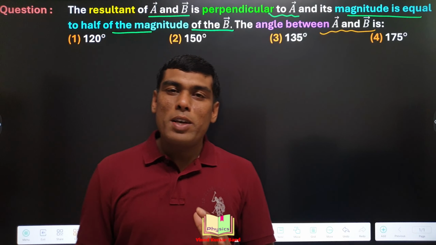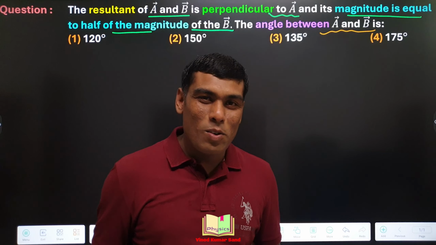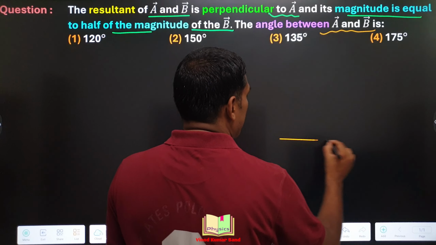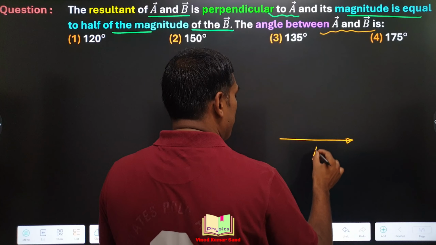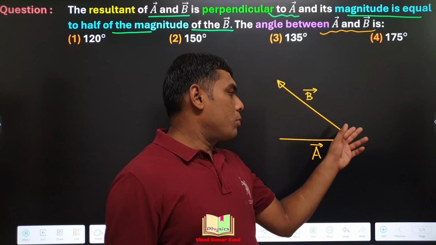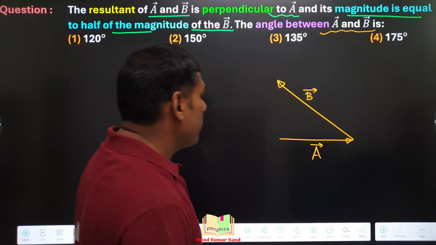So, for solving the question, we'll be using the triangle law of vector addition. First of all, let's say we draw this as the A vector, and then we draw this as the B vector. On the head of A vector, we put the tail of the B vector.